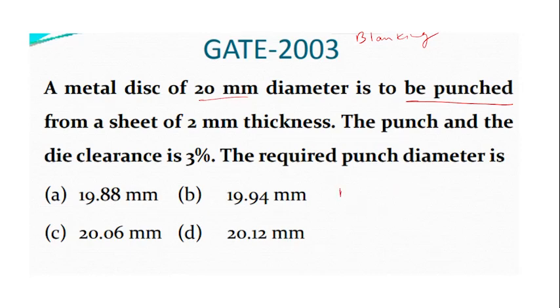Now we have to find the punch dimension. Punch dia will be die size, your hole size, minus 2 into clearance. Clearance is what? 3%. We will solve this. What do we get? Option A, 19.88 mm. Any doubt in this?